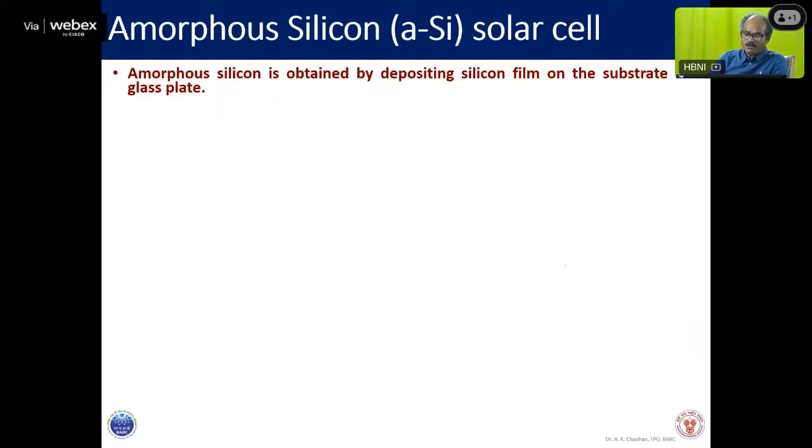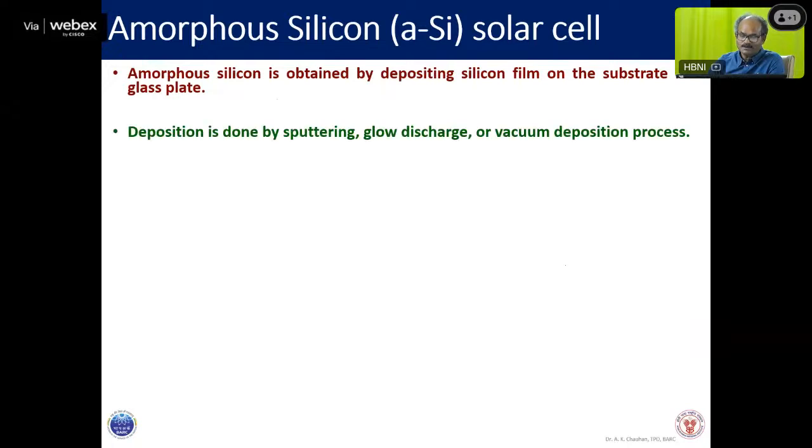So now, how is it actually made? Amorphous silicon is obtained by depositing a silicon film on a substrate like a glass plate. Because we are not making a single crystal, the deposition process can be any, like sputtering, glow discharge, or vacuum deposition, because you are not controlling or placing the atoms, or giving them time to sit on a particular lattice point.